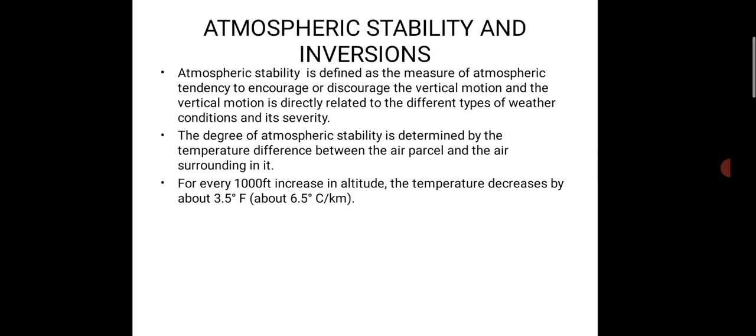Then atmospheric stability and inversion. This is also one of the parameters. Atmospheric stability is defined as the measure of atmospheric tendency to encourage or discourage the vertical motions, and the vertical motion is directly related to the different types of weather conditions and its severity.